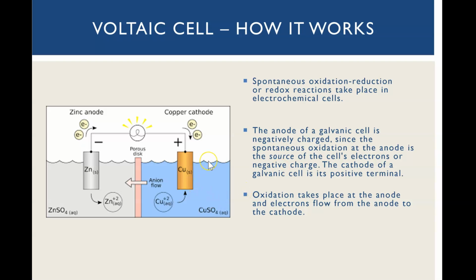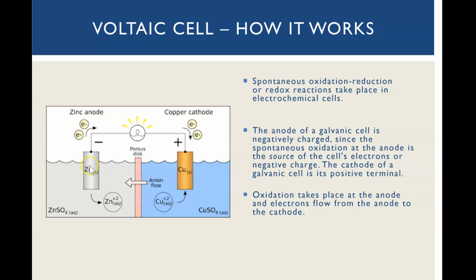This diagram here is showing you that there are oxidation reduction reactions taking place, and these are also known as redox reactions. These are spontaneous reactions that happen by themselves when you have these electrodes placed within an electrolyte.